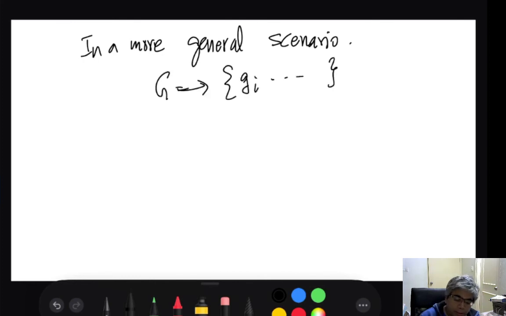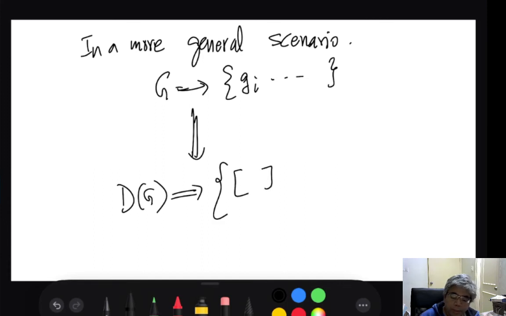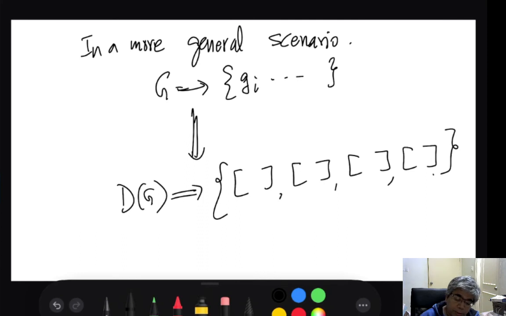The representation is a set of all matrices, so this bunch of matrices would be D of g1, D of g2, D of g3, D of g4, and so on.